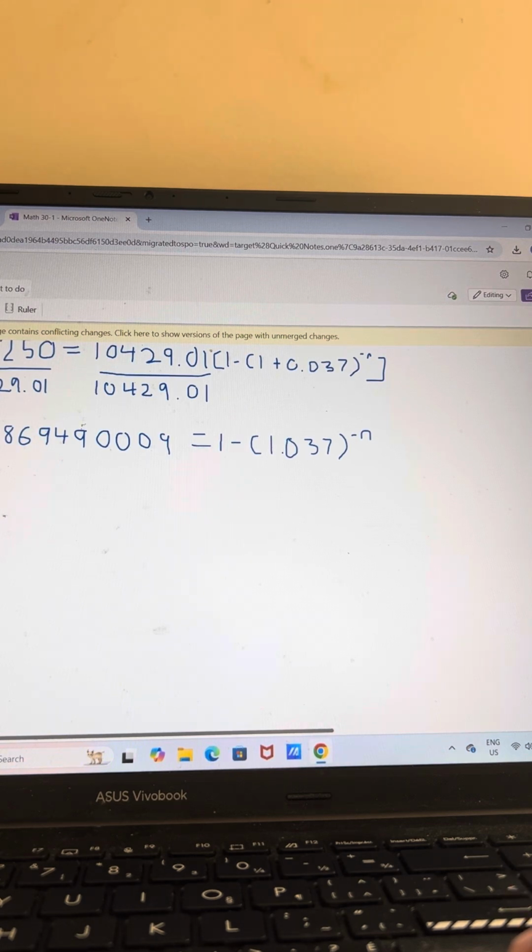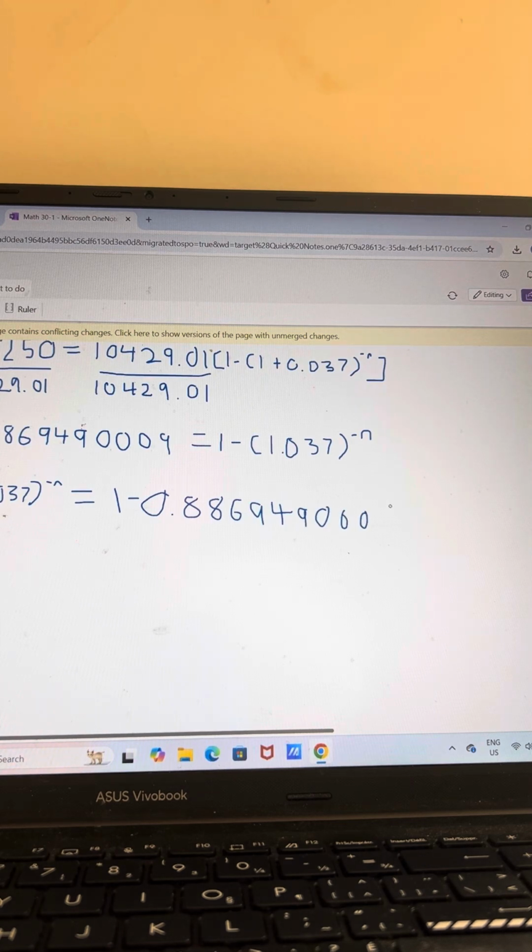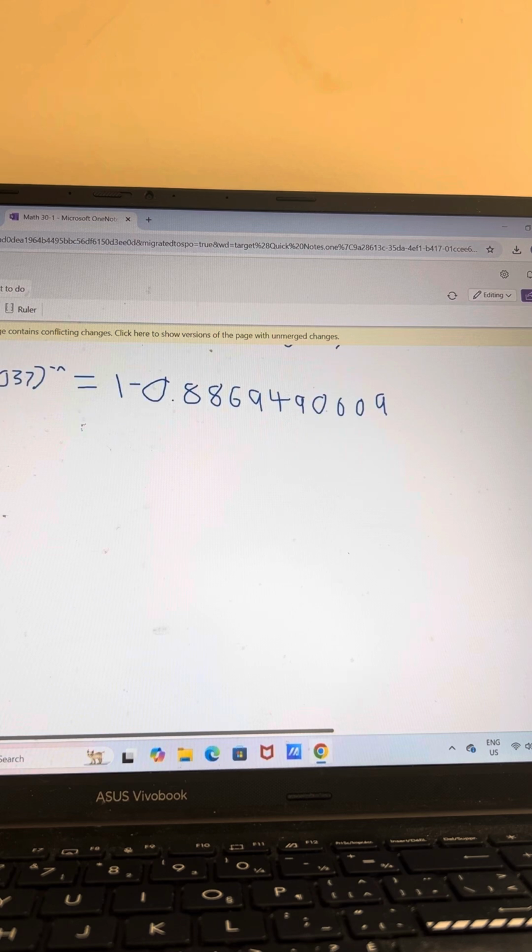I'm just gonna write it as 1.037 to the power of negative n is going to be equal to 1 minus 0.8869490009.